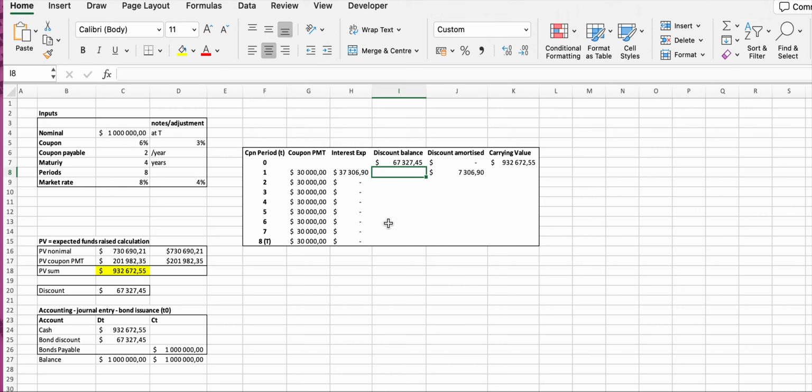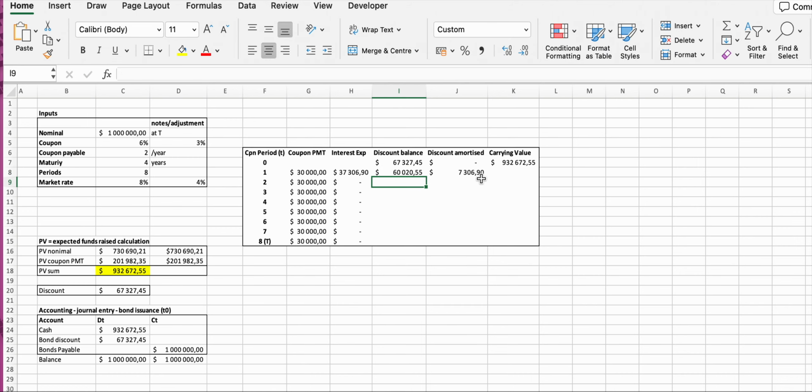And we know that the interest expense is calculated using the market rate, not the coupon rate. The difference between the interest expense and the coupon payment will slowly decrease our discount balance. So we'll just put it here.